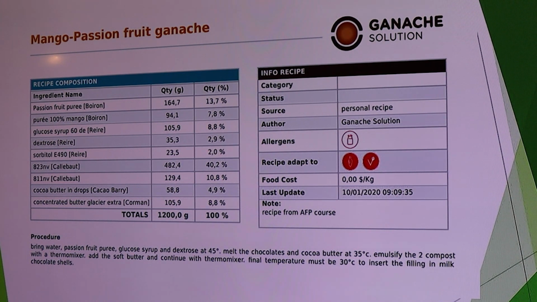And the stability is coming from the milk chocolate and the dark chocolate. Even so, we also add more cocoa butter and the concentrated butter here. It's a long list. So this will have a very long shelf life, at least 6 months, by having those kinds of ingredients in your recipe.